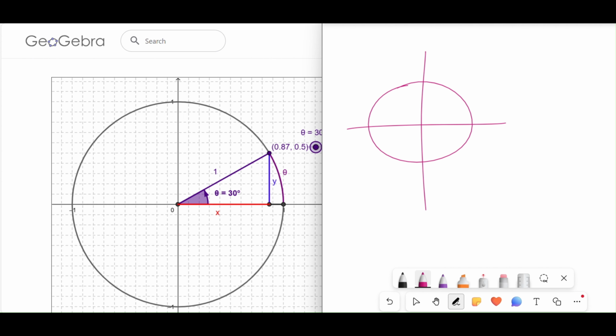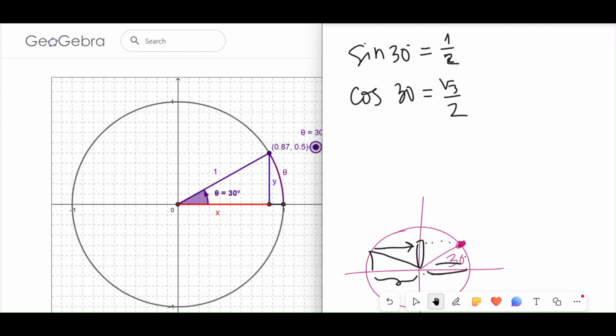Here it is. 30 degrees is over here, right? This one is 30 degrees. Now, what do I know? This is our sine, and this is our cosine, right? Now, if we go to 150 degrees, 150 on the other side, and we have the same thing. Our sine is here, and our cosine is here.